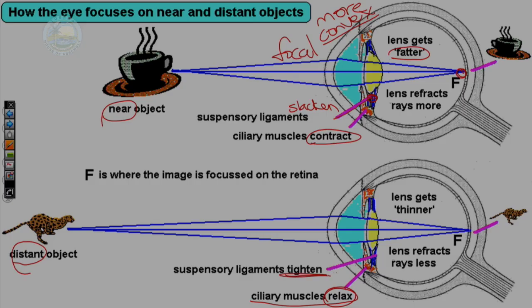When these suspensory ligaments tighten, they're going to pull the lens thinner, make it longer and thinner, and so the light does not bend as steeply as when you're looking at something near. So the light bends not as steep, and you have the image falling where it is supposed to fall. So this is accommodation for distance of object, and before we spoke about accommodation for the amount of light. Remember, this is an involuntary action and you don't have any control over it.